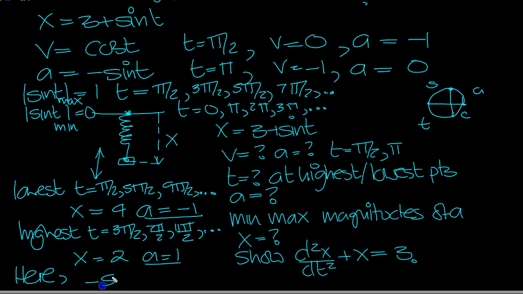Minus sine t plus 3 plus sine t equals 3, because the sine t's cancel, which is what we wanted to show. We got the acceleration already here, haven't we? So we put it in there for the acceleration plus the x, which we've already got. I've substituted them in and they are equal to 3.